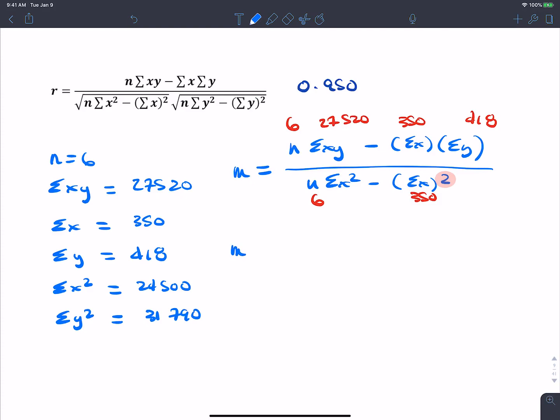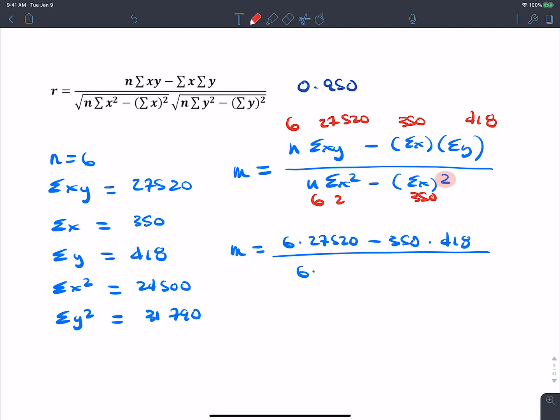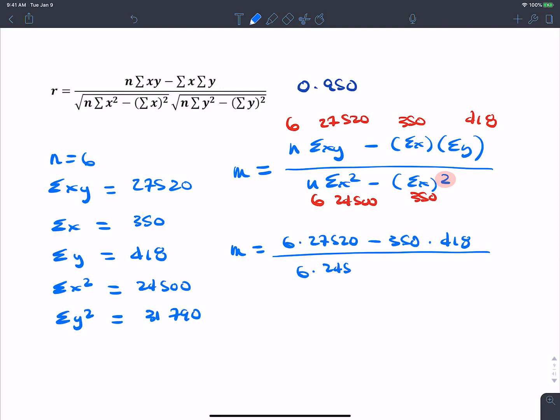So, we have 6 times 27,520 minus 350 times 418 over. Ooh, we forgot sum x squared. What's sum x squared? 24,500. Okay. 24,500 minus 350 squared. Make sure you guys write this down because you're going to have to read it back to me. And double check to see whether we have these things correctly here.